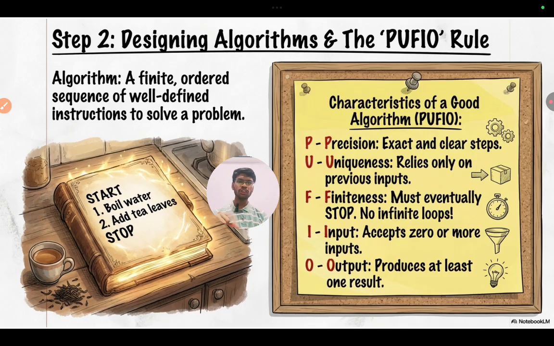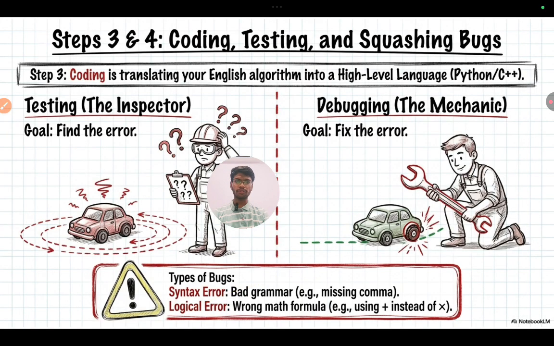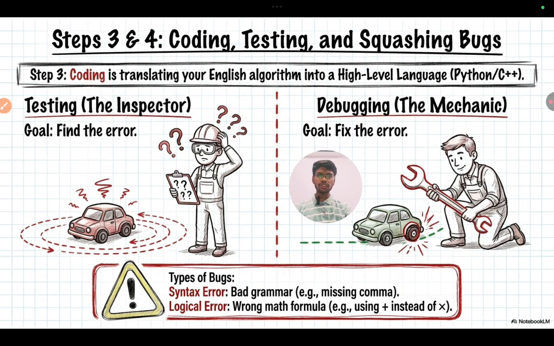Uniqueness means it relies only on the previous inputs. Finiteness means infinite loops should not occur and it should stop somewhere. The stop case, the base case, should be there. It should take inputs and produce at least one result at the end. So all these things we'll be discussing in the upcoming detailed explanation video of chapter 4. This is just the intro here.